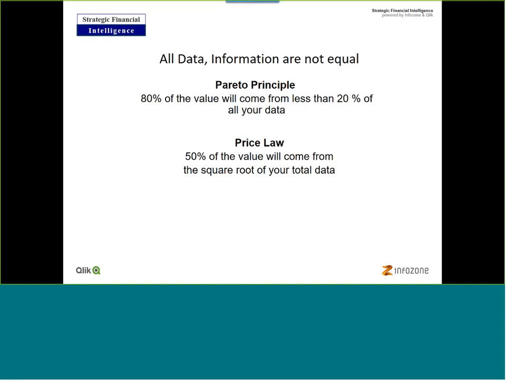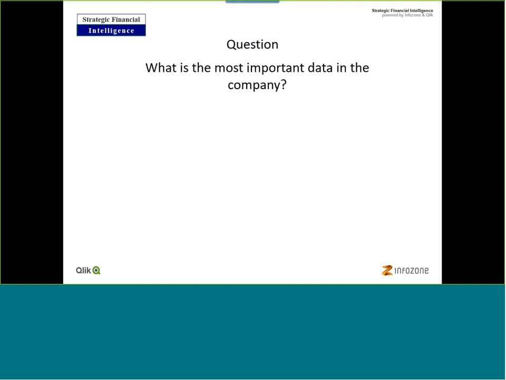What it means is that if you've got 10,000 terabytes of data, and this is now in the world of big data, 50% of the value will come from less than 100 terabytes, meaning that as the data grows, the significant part of that data, the part that really counts, becomes smaller and smaller.